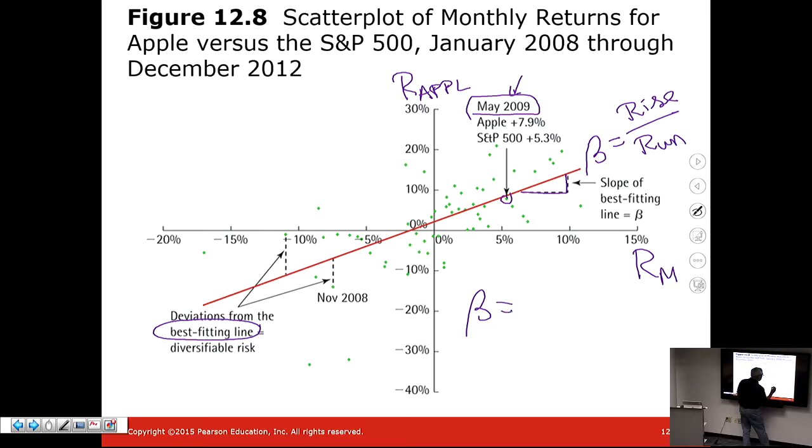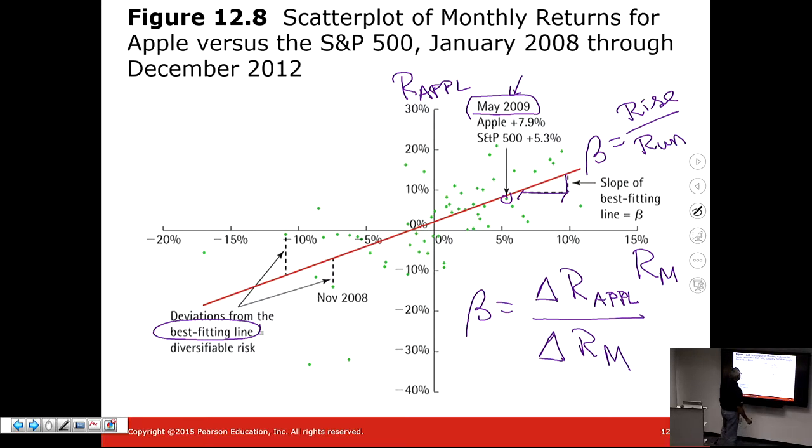What is rise? Rise is the change in the return on Apple. That's the vertical distance. What's the run? It's the horizontal distance, which is the change in the return on the market portfolio. So now if beta is 1, what does that mean? It means if the market return changes by 10%, the stock return, or Apple return, will change by 10%.